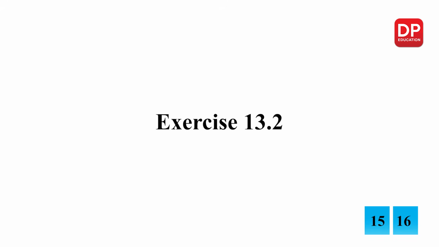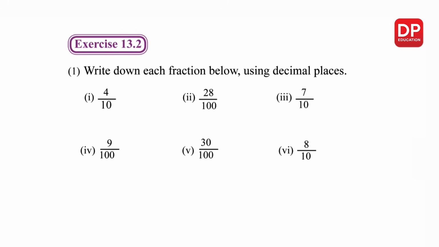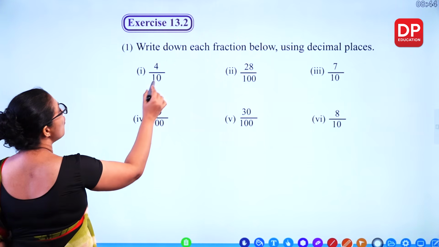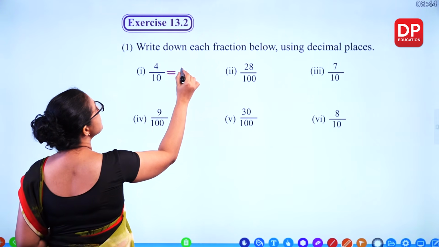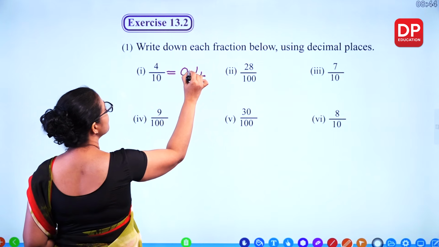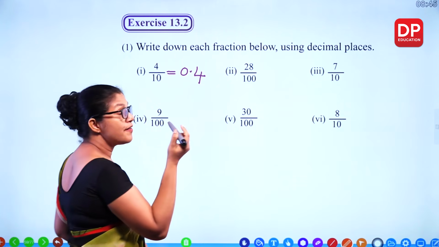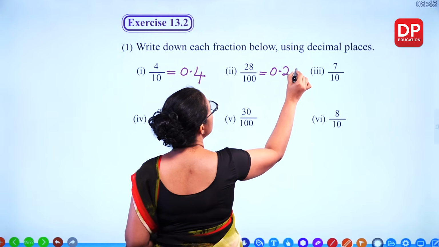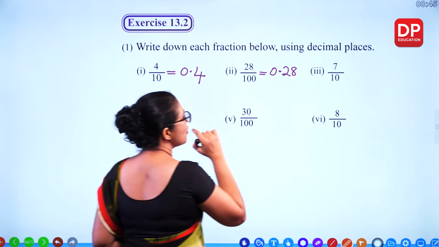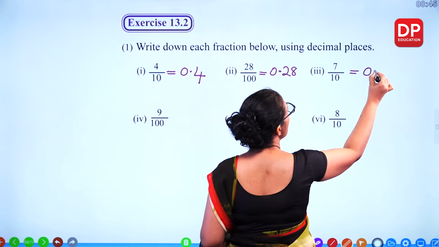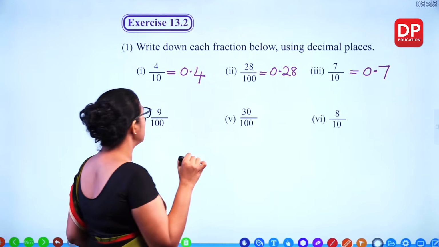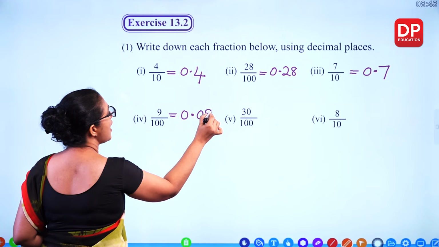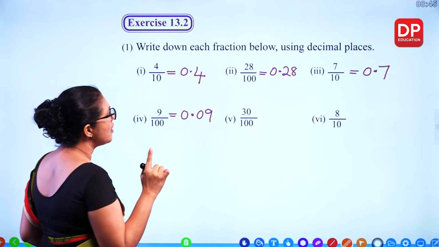Exercise 13.2. Write down each fraction below using decimal place. So 4 over 10. So 1 decimal place, 0.4. 28 over 100, the denominator is 100 means 2 decimal places, 0.28. 7 over 10, you can write 0.7, 1 decimal place. 9 over 100, 2 decimal places, 0.09. 30 over 100.